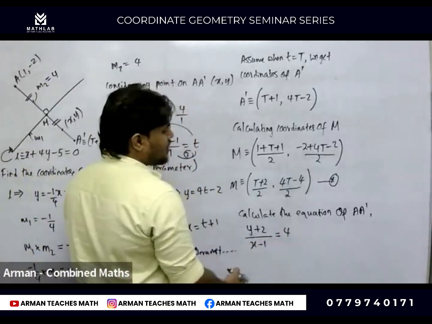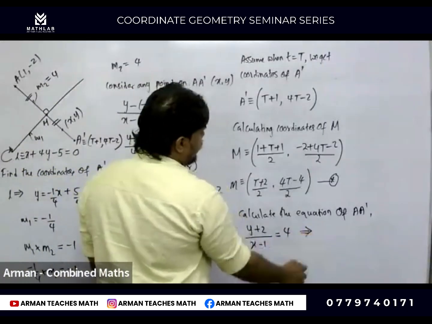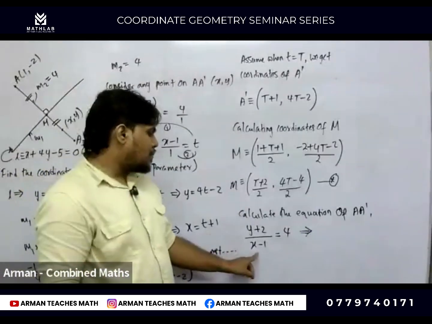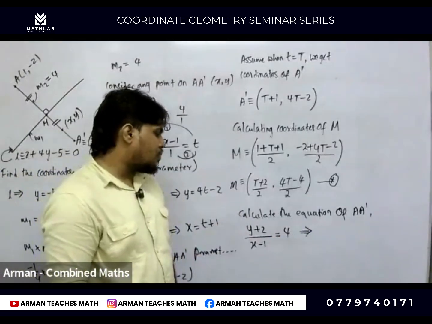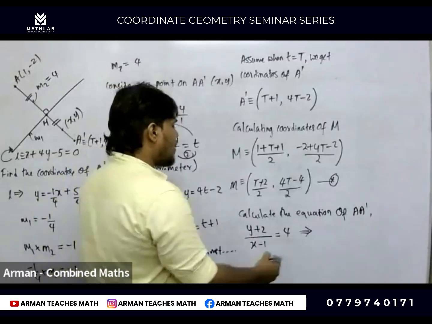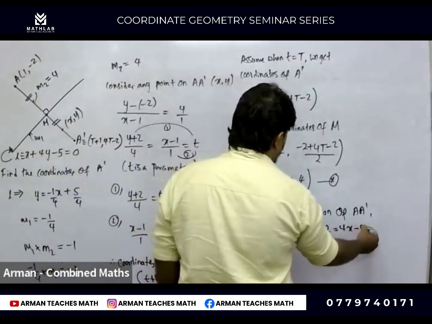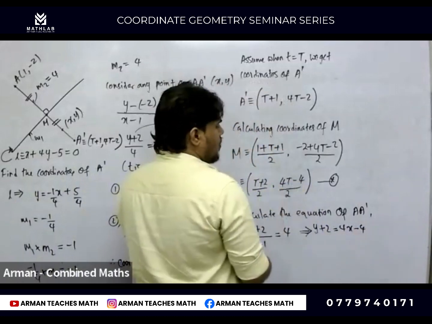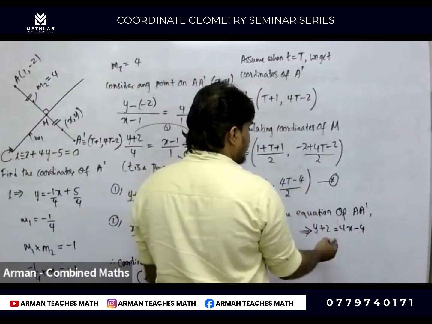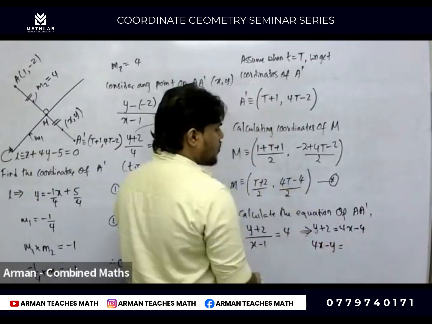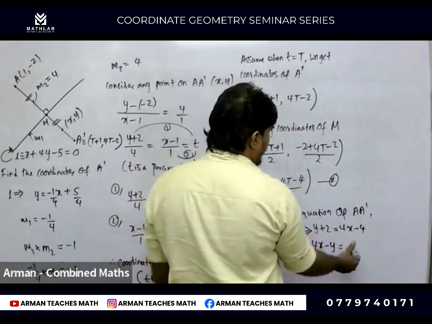Now do a cross multiplication and get the standard equation. We get, you see, x minus 1 taken to the other side, 4x - 4. So we get y + 2 = 4x - 4. Take all the terms to one side: 4x - y = 2 + 4 = 6.